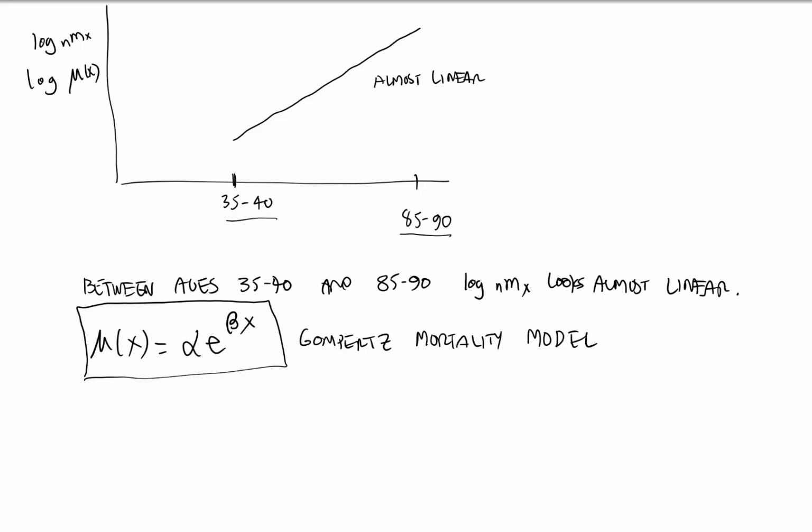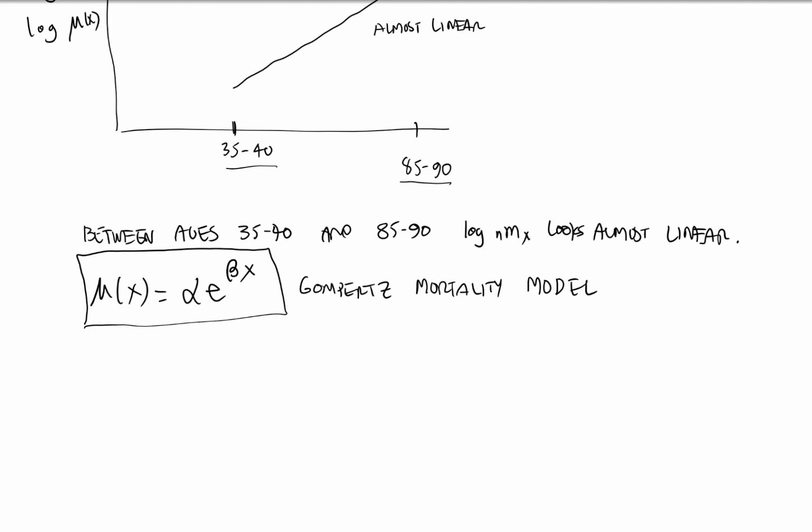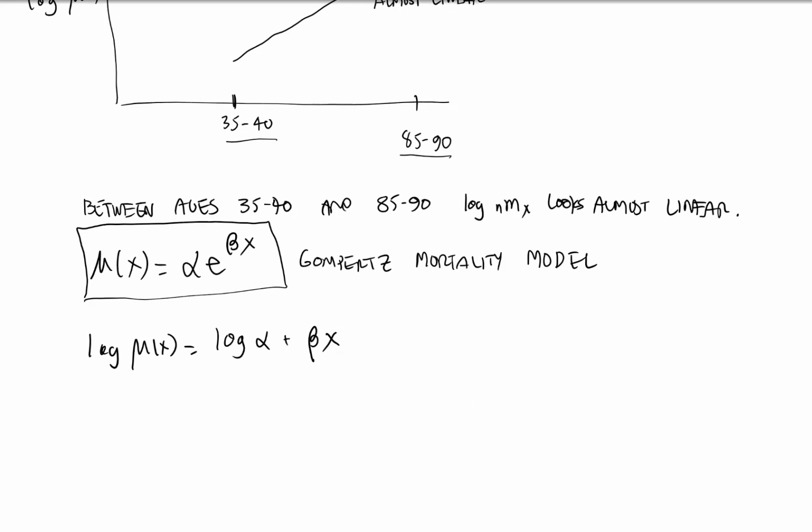It's pretty simple. And if this were true, then the log of mu of x equals log alpha plus beta times x. So this is the other way that we describe Gompertz mortality.